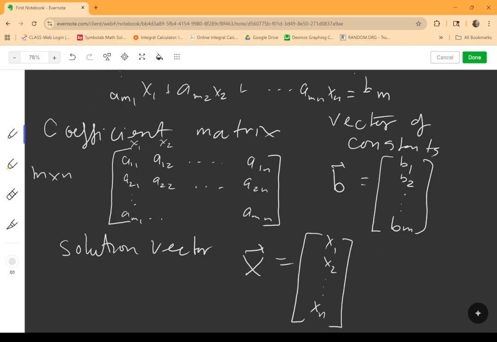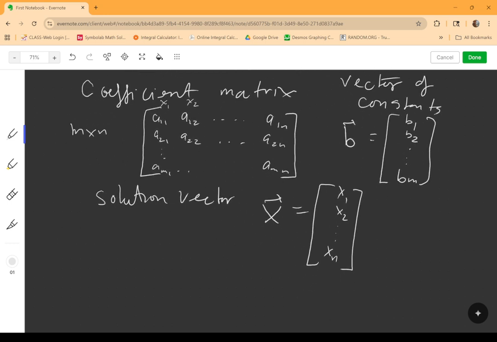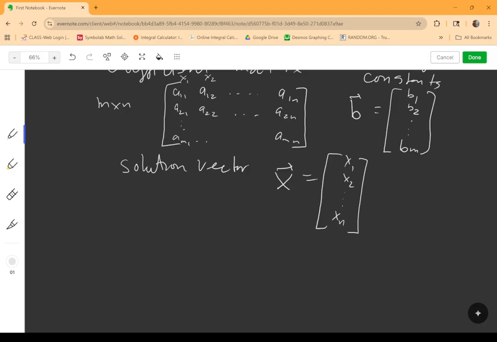Now here this could represent just the variables, or it could actually represent a specific solution, or a general solution, depending on the context of what we're doing. In general, it can represent the variables or the actual values of a solution. So we have the solution vector as part of a matrix representation of a linear system.